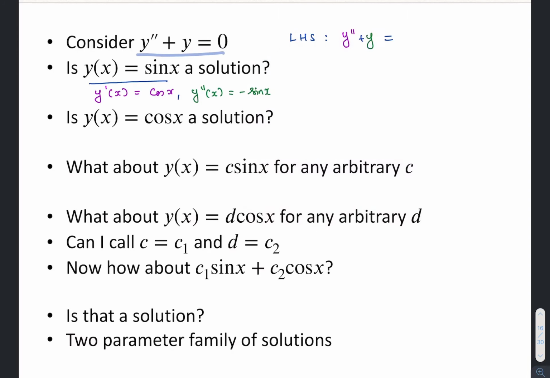If I plug it in, you would agree with me that y prime is cosine x, and y double prime is sine x. What am I thinking? I think I messed it up here. Let me rewrite it.